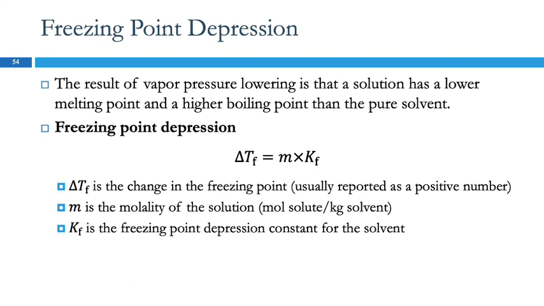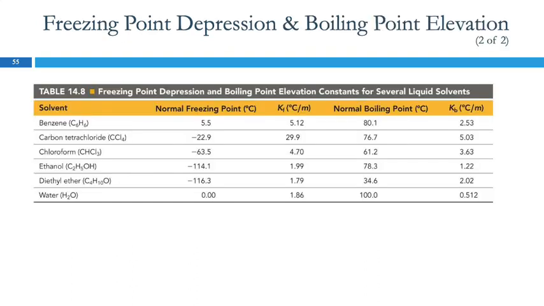Am I supposed to add that or subtract that to find the new freezing point? Here we have normal freezing points and freezing point depression constants for various solvents, also normal boiling points and boiling point elevation constants for those solvents. You might need to refer to that table to do some of the homework problems.